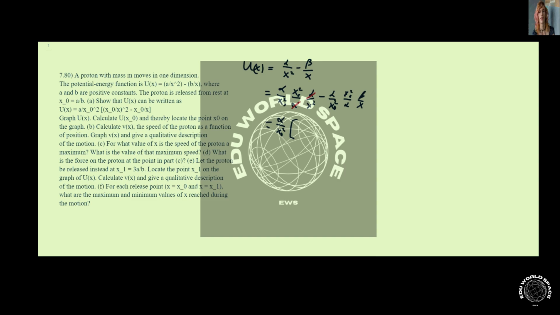what we can substitute what beta is equal to. So beta is equal to alpha over x naught. I probably should have written that in a different color. But then we can say, okay, that's gone, that's gone, that's gone, one power of that is gone.